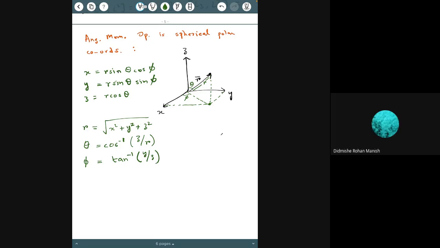Ma'am, it shouldn't be tan inverse. I mean, we should just write tan phi, right? Because if we go beyond pi by 2, the thing will change. So, I mean, the range of tan inverse is only minus pi by 2 to plus pi by 2. Yeah, but anyhow, with position vectors, you're in the positive. Well, I mean, our phi is from 0 to 2 pi, right? Yes, that's true.